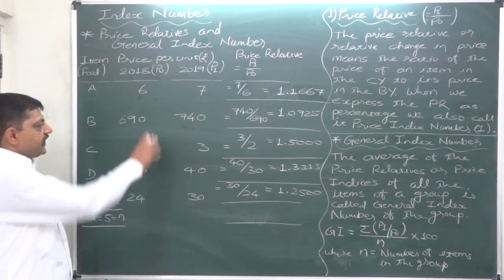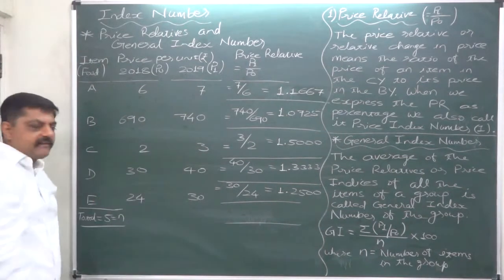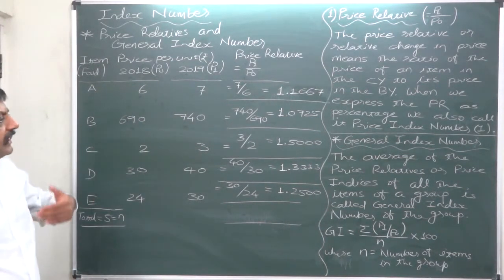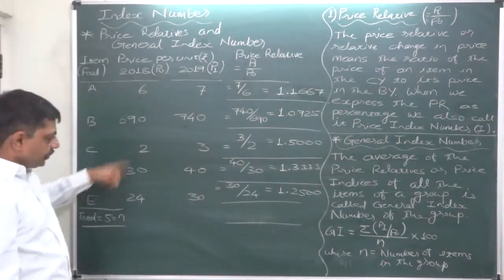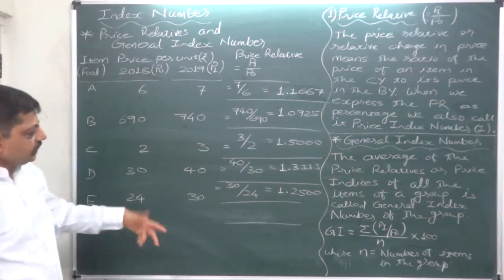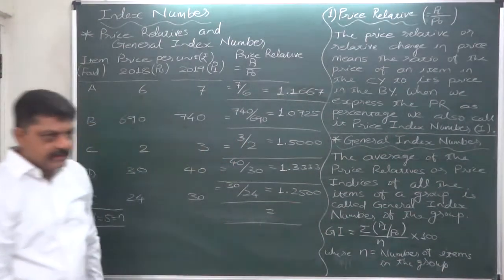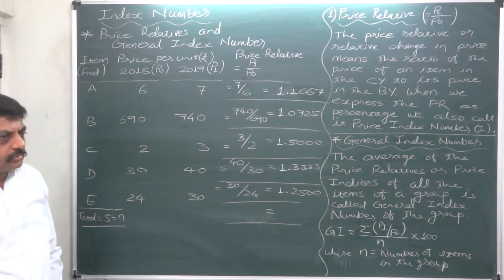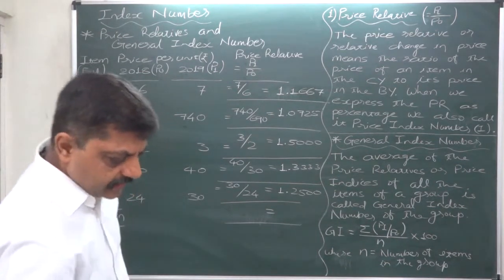Now we have price relatives or price index numbers of all the 5 items. So we can move forward to calculate the general index number of this food group. First of all, we need to find the summation of these 5 price relatives. Let me calculate it.